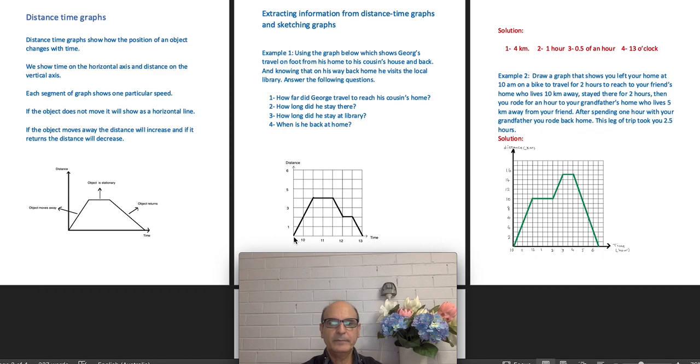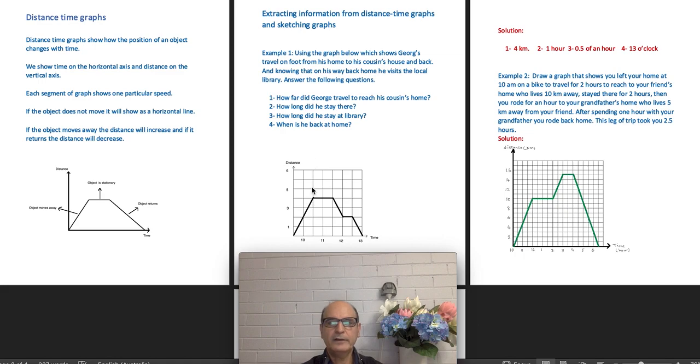So here, each of them goes by half an hour because this is 10, this is 11. So each division is half an hour. So this is 9:30. So at 9:30, George is leaving his house and getting away towards his cousin's house.